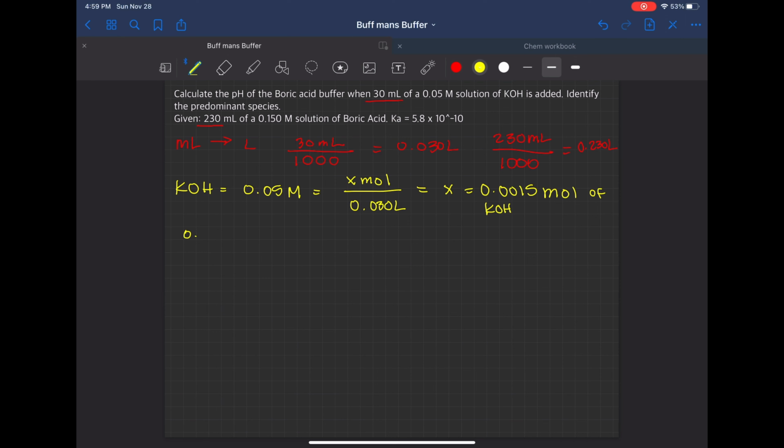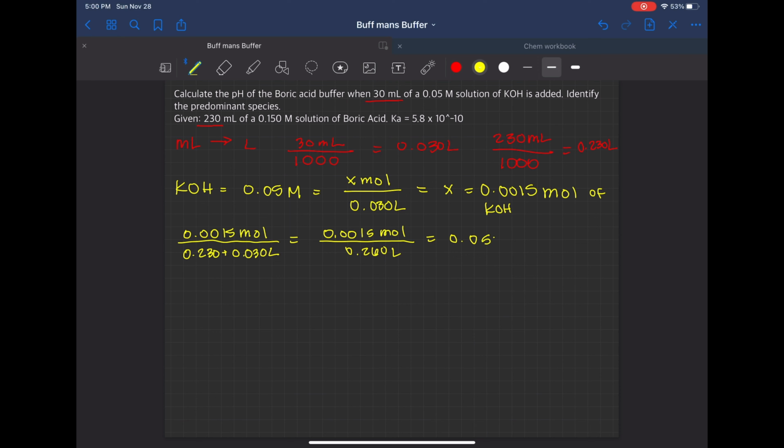To find the new molarity of potassium hydroxide, we're going to take the new moles, 0.0015 mole, over the total new volume, which is 0.230 plus 0.030 liters. I'll simplify here that the liters added together is going to be 0.260.